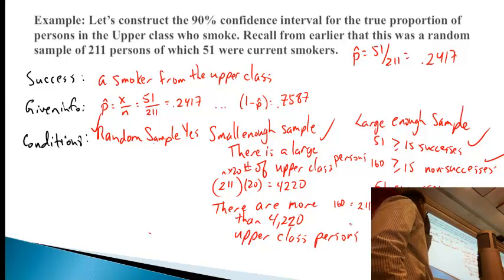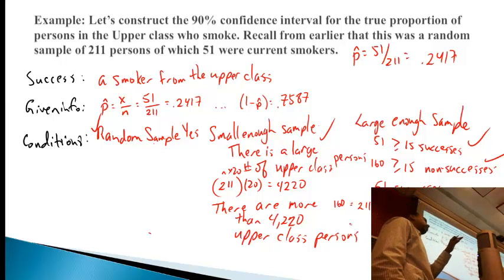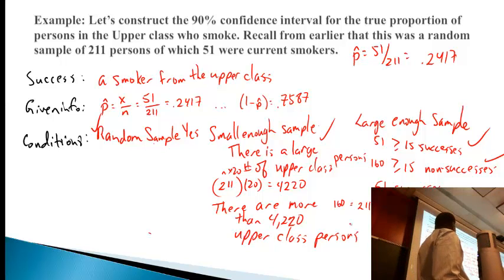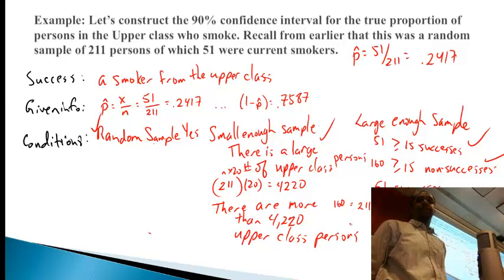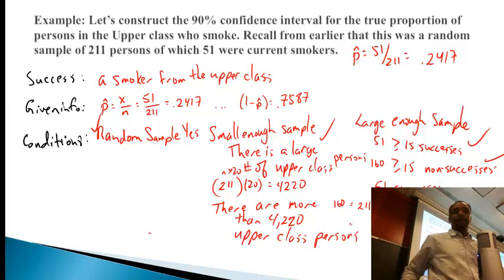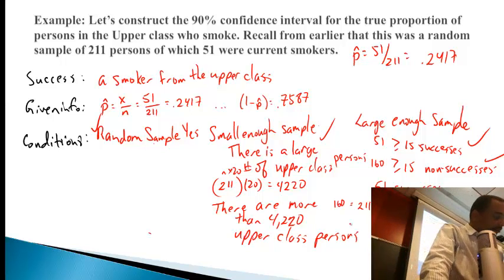One of the criteria was it has to be at least 20 times your sample size, so 20 times n is 4220, and I'm sure there's even more than 5,000 people from the upper class in Columbus, let alone Americans, I guess you could say. Thank you for bringing that to my attention. Okay, so we are almost ready.